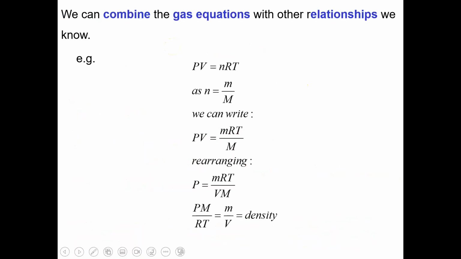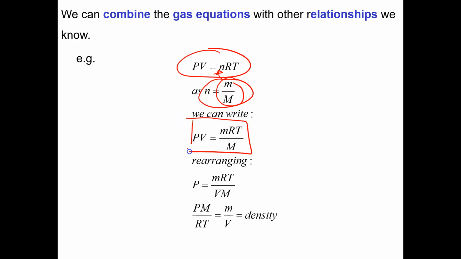We can also combine the gas law with other relationships that we know. For example, we know that the ideal gas law is PV equals nRT, but we also know that the number of moles of a substance can be calculated by taking the mass and dividing by the molar mass. So what I can do is take this expression here and use it to replace n.